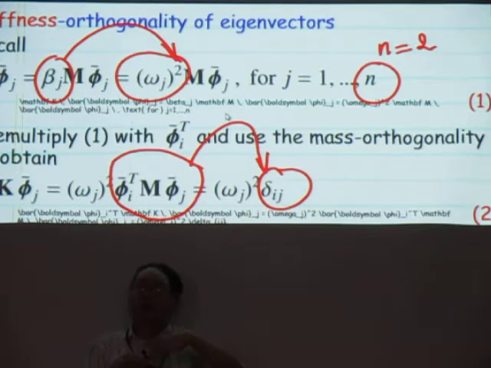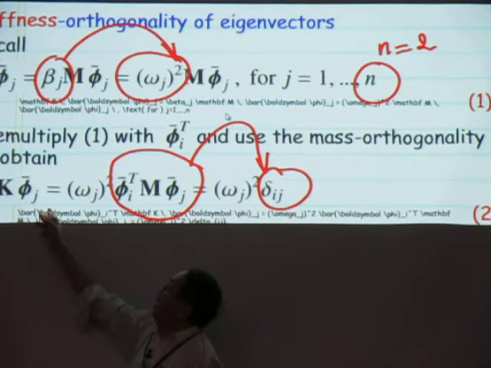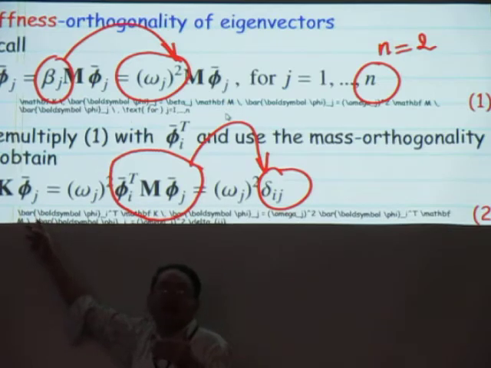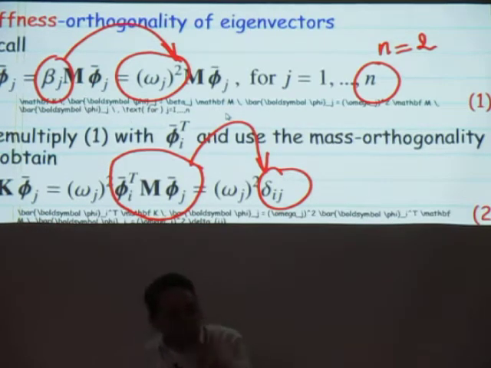So you say that the eigenvectors are orthogonal with respect to the mass matrix, and also with respect to the stiffness matrix. Let me restate as follows. The normalized eigenvectors phi bar are normalized with respect to the mass matrix. They are orthogonal with respect to the mass matrix.